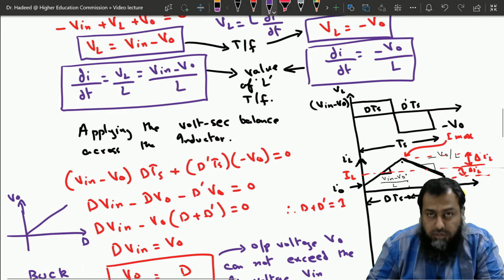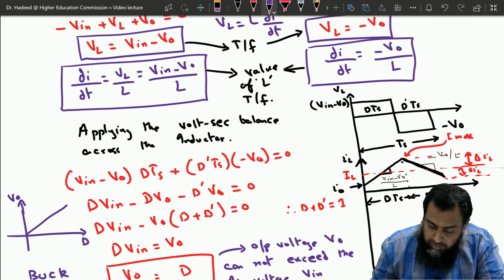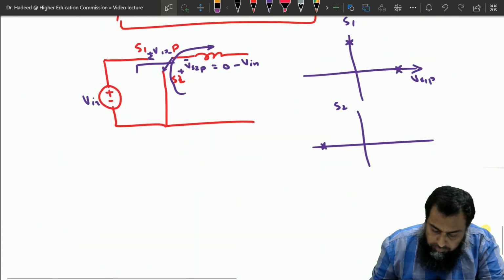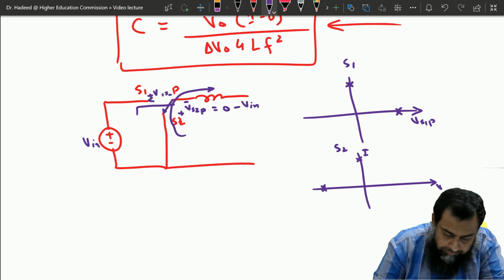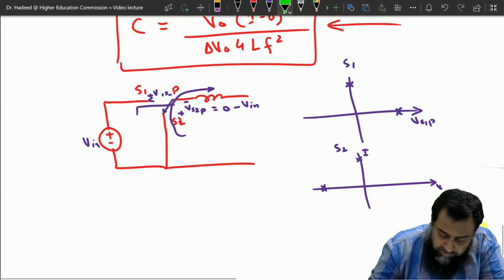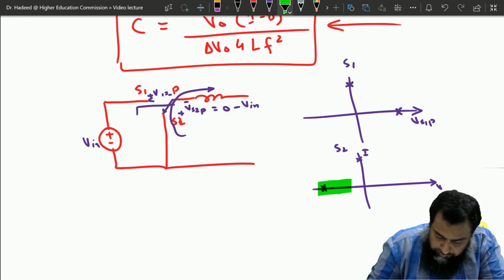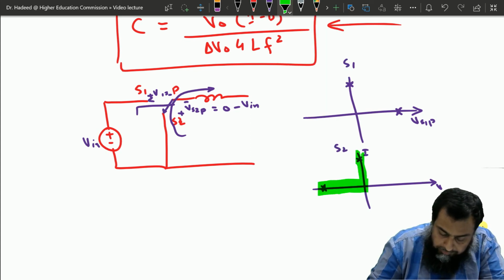We have only positive current flowing through the inductor. So this requires a positive current to flow. This is I and this is V. So in a nutshell, the switch which is able to operate in this particular quadrant and in this particular quadrant can only be realized by using a diode.